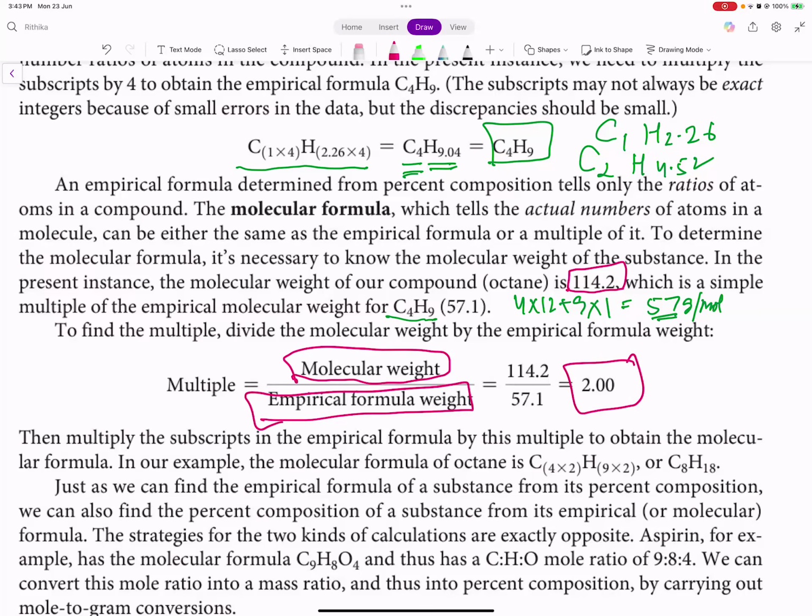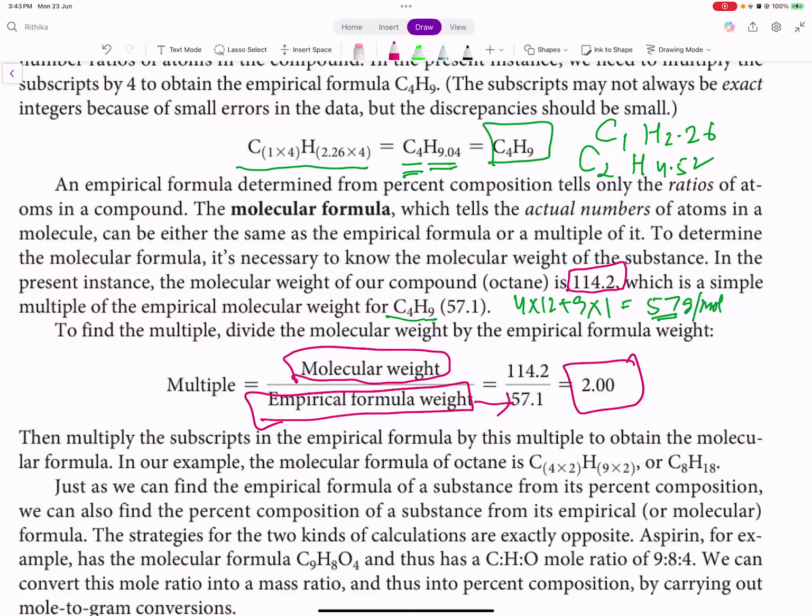And how did you get the empirical formula mass? Because C4H9 we can calculate, right? And how did you get 114.2?